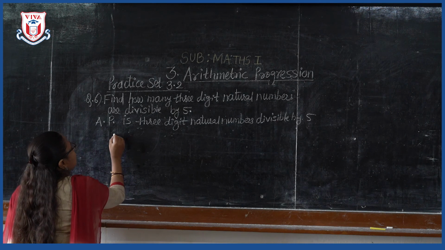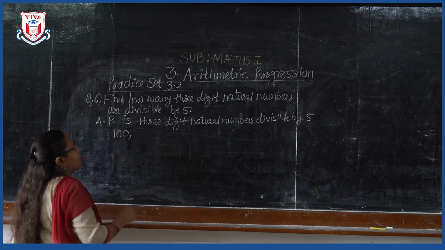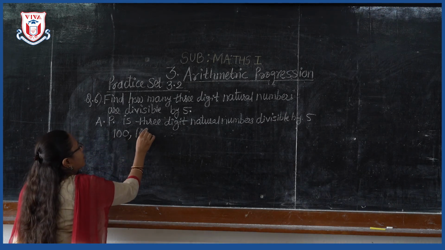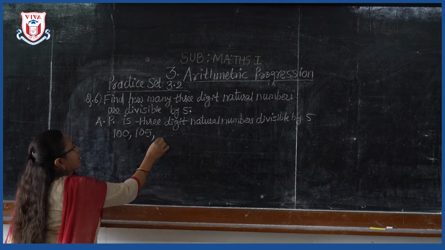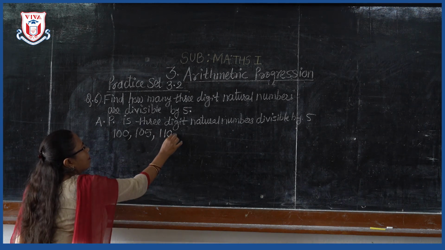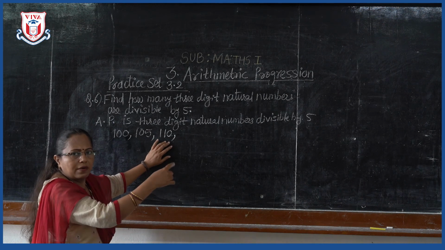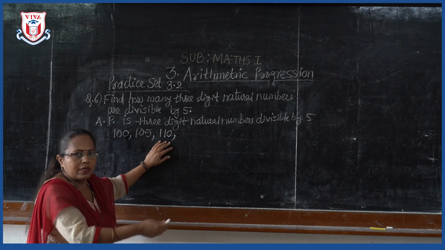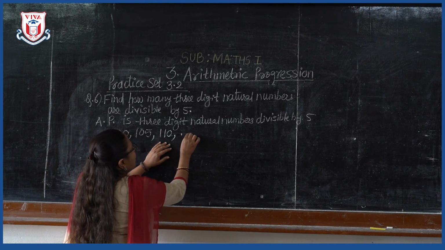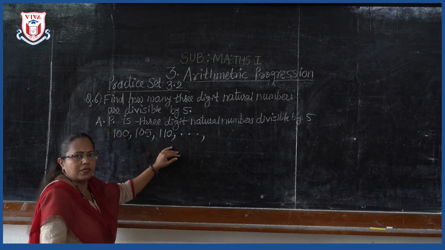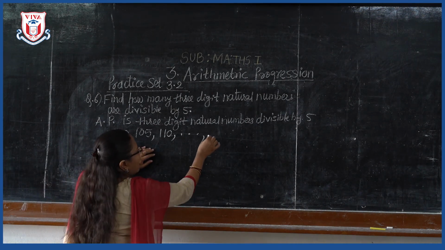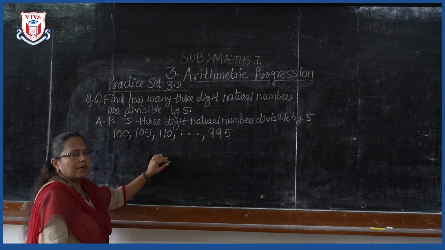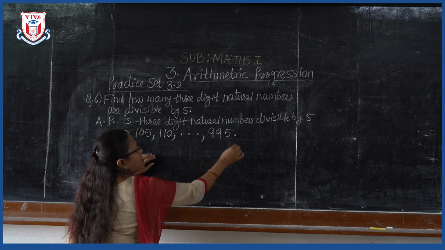The first 3-digit natural number is 100, which is divisible by 5. The next is 105. Next is 110. If you go on, you will get the 3-digit numbers divisible by 5. We can't find all the numbers, so we will take directly the last 3-digit number which is divisible by 5, which is 995.